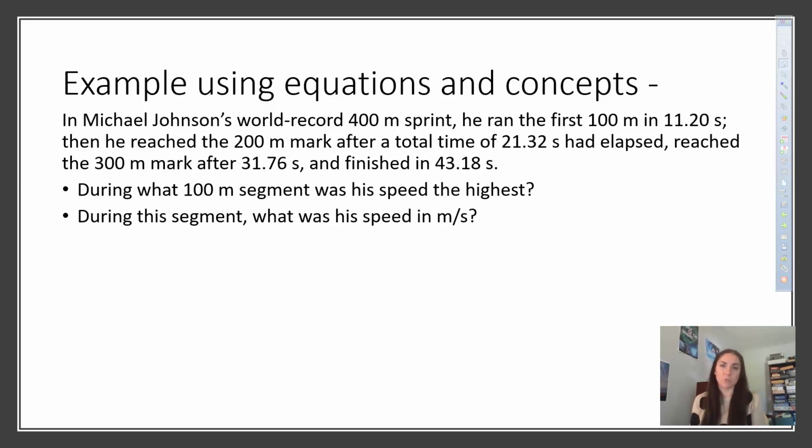Motion is complicated. Motion can be a car that accelerates, slows down, and stops. It could be a projectile motion going up and over. It could be an object being dropped but then has a parachute. So motion doesn't have a one-size-fits-all application. You're going to see that aspect of it in the homework.